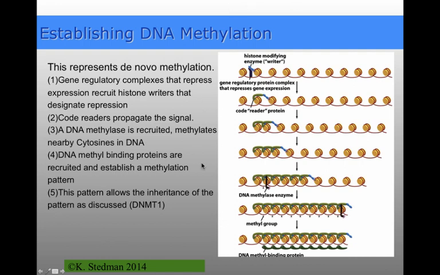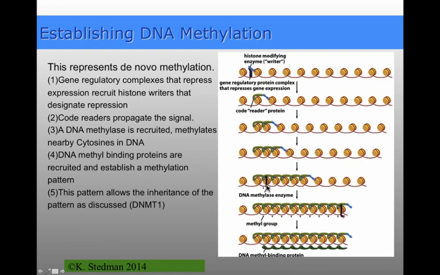The reason that this is so important is once you've started that methylation, again, it leads to a positive feedback loop. That's just described here. Here we have, starting out, a modification of your histones. These modified histones will then bind to DNA methylases.